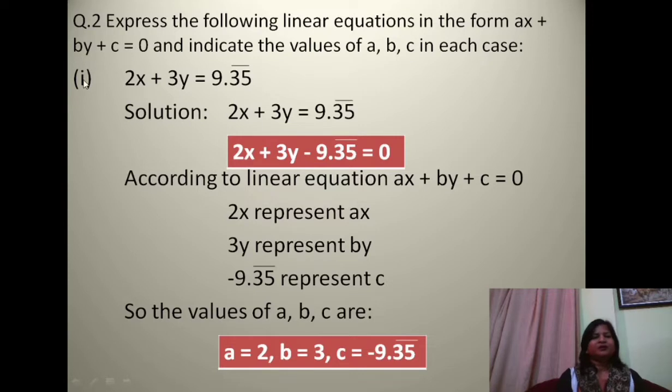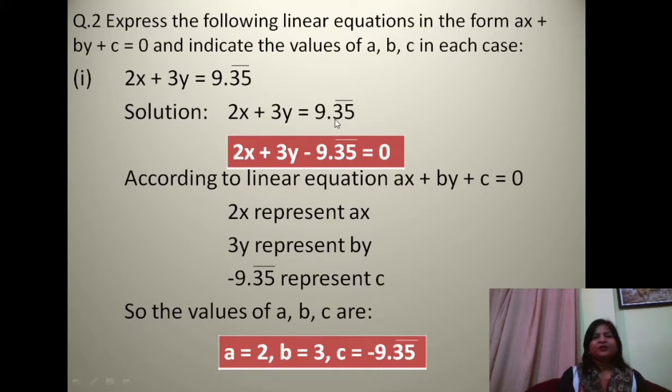So here this is the first part of the second question: 2x plus 3y is equal to 9.35. Now we will start the solution. 2x plus 3y is equal to 9.35. Here it is not converted in the form of ax plus by plus c is equal to 0, so we will convert it in that form.